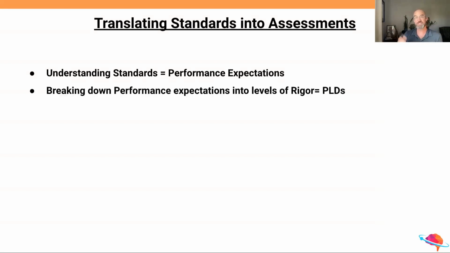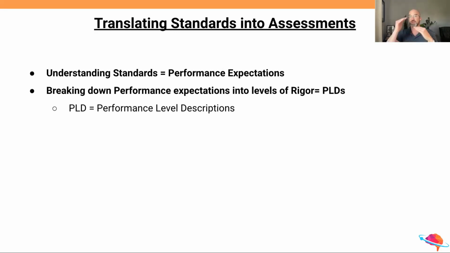New York State did some really cool work, and in this respect, New York is way ahead of all of the other states that we work with, because these performance level descriptions, the PLDs, provide really specific guidance for what it looks like for students to be at different levels of rigor and proficiency in regards to the standards. We do so with InterOrbit's question tagging.